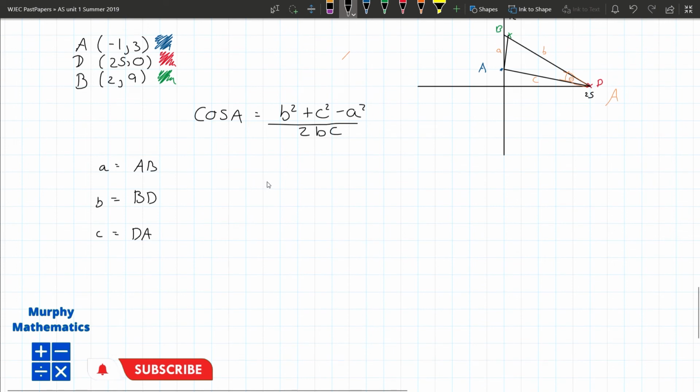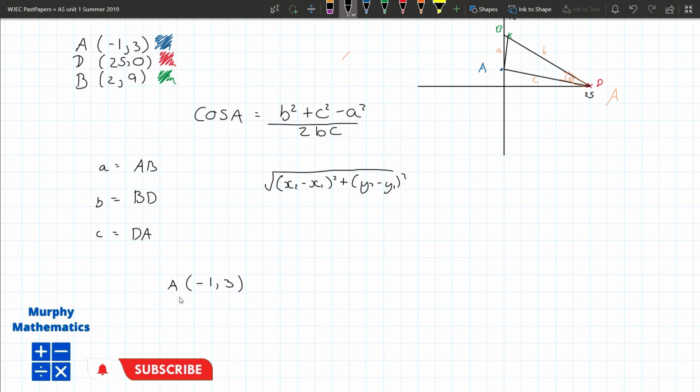Okay, so using the equation from the last question, where it's the square root of x2 minus x1 squared plus y2 minus y1 squared. That's the length of a line. So let's look at AB. So A is -1, 3. B is 2, 9. It's going to give us a little a.